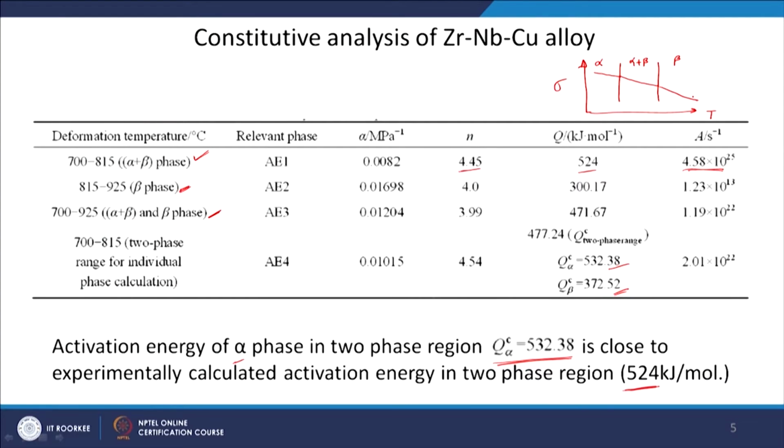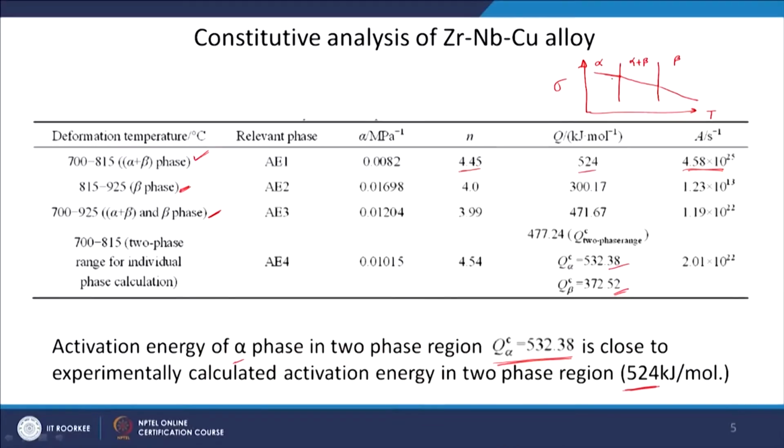So let us say you have something like this. What we were trying to do is we extrapolated the flow stress of alpha, which we were calculating in the lower temperature range, into the two phase region. And to do that we used a simple logarithmic dependence of stress on temperature, which you can easily get, that is how the flow stress is dependent on temperature, and there is a logarithmic dependence.